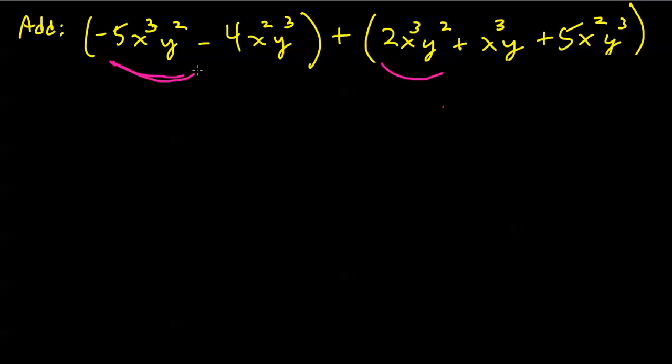So minus 5x cubed y plus 2x cubed y is, of course, a minus 3x cubed y squared. Did I say x cubed y? I meant x cubed y squared. How about this term here, highlighted in green? Minus 4x squared y cubed.